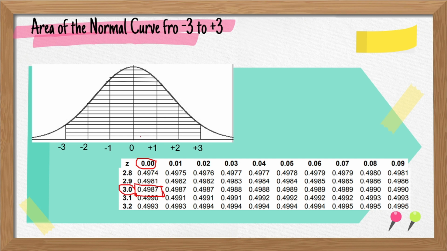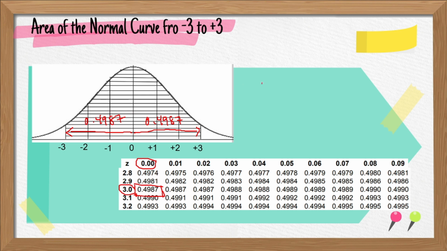So, that means ang area from 0 to positive 3 is 0.4987. So, parehas lang din ang area dito sa from 0 to negative 3. So, 0.4987. So, what is the area of the normal curve from negative 3 to positive 3?